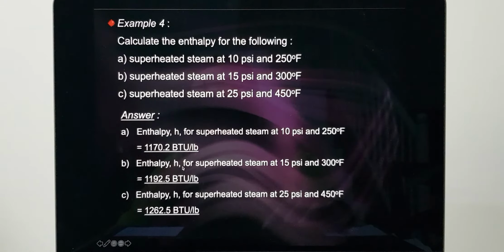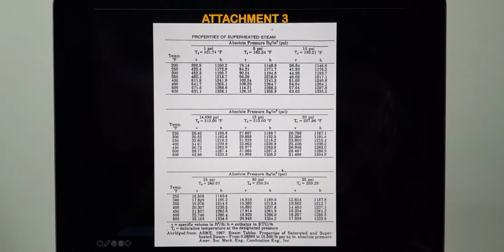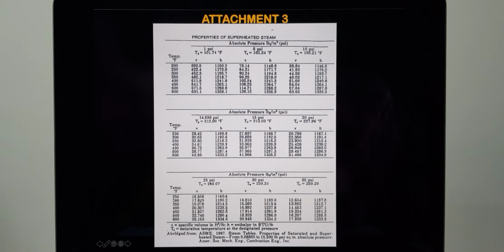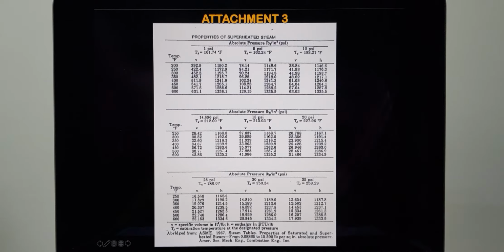Okay, and then the second one, enthalpy for superheated steam at 15 psi and 300 degree Fahrenheit. Again, refer back to your attachment 3. Look for 15 psi. This one is 15 psi, and the temperature is at 300 degree Fahrenheit.